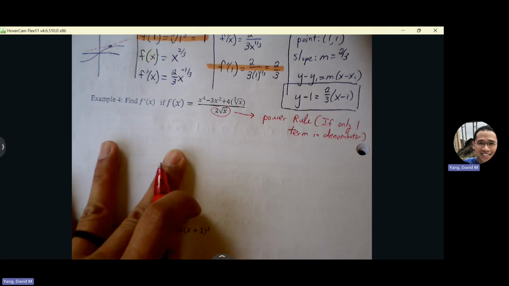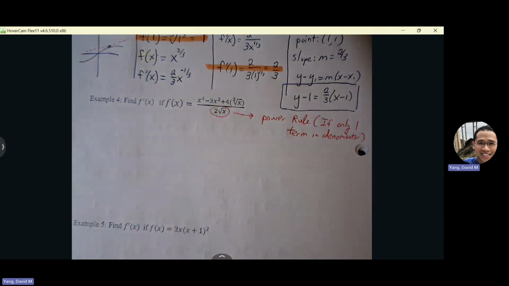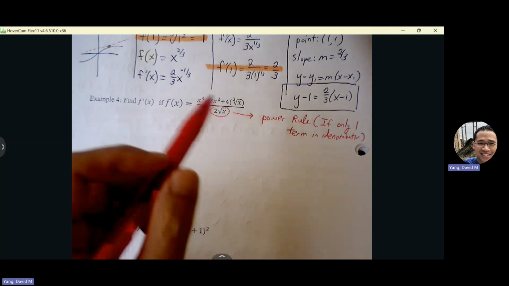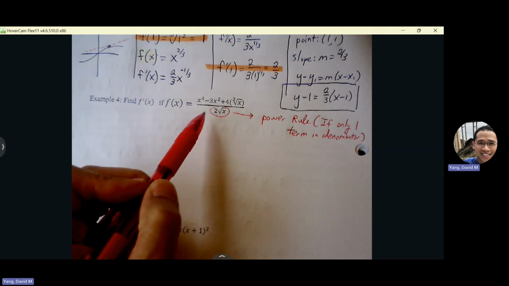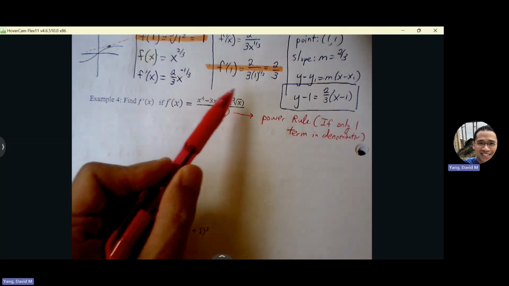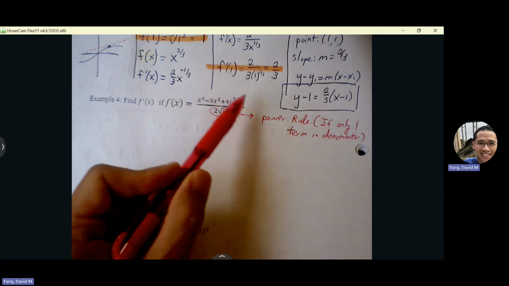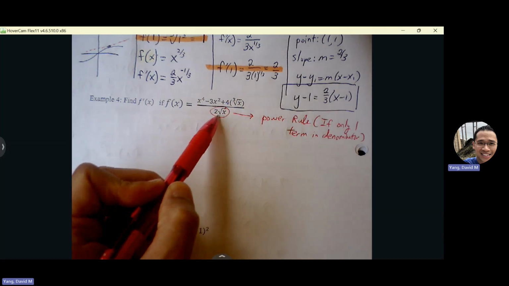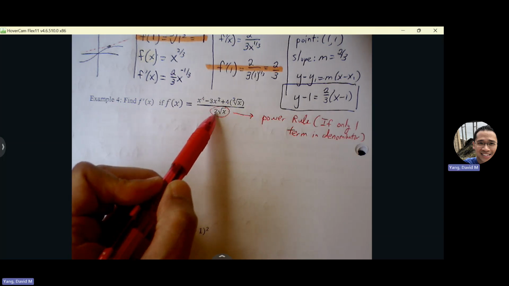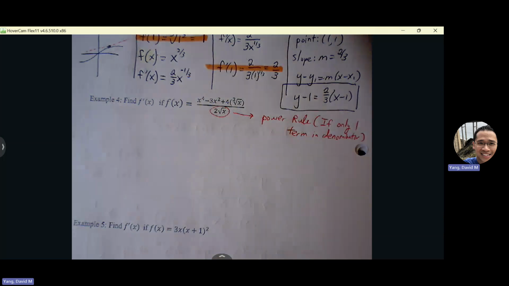But I'm always going to encourage you towards this. And also, if this shows up on the test or quiz, I'm going to say, do not use quotient rule, or I'm going to ask you to specifically rely on power rule and not quotient rule. Because I think it's more beneficial to us if we can do this using power rule.